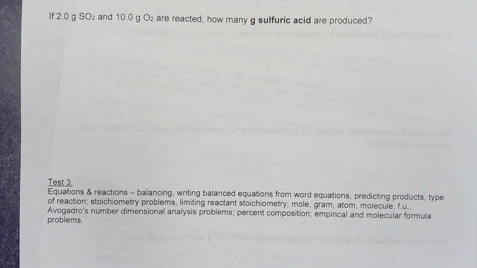Here's more problems. I believe these are dealing with empirical and molecular formula and percentage composition. These are dealing with equations. And then this is stoichiometry practice problems. And this is the answer key. It does tell you there's an incorrect mass here, so you need to pay attention to that.